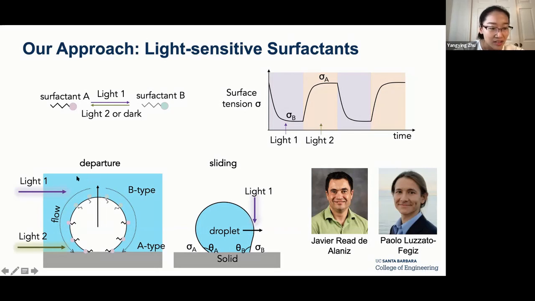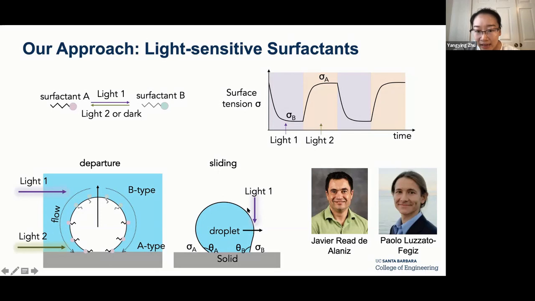If your external phase is a fluid, you have fluid on the outside, but if you have droplet and droplet, you have this interfacial flow in both phases. As a result, this interfacial flow generates a net force on the bubble, causing it to depart the surface. I should mention that in this case, we want the interfacial flow to go from the top to the base, such that it squeezes the bubble away from the surface.